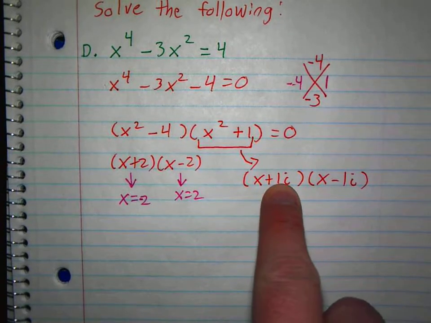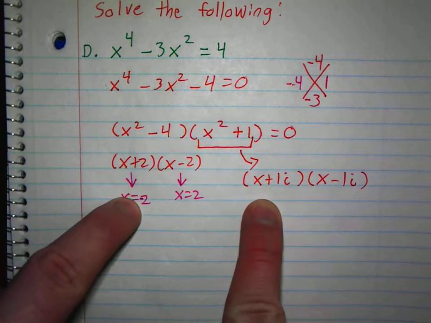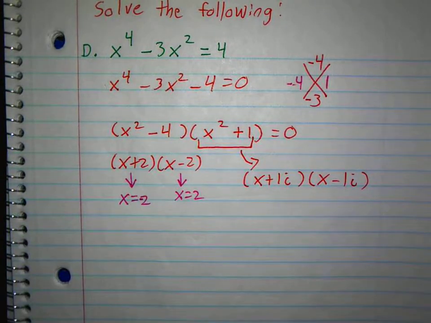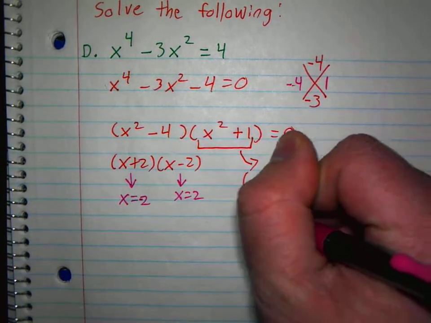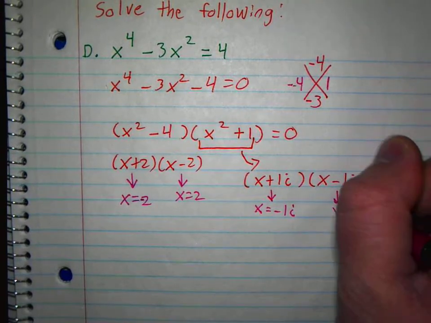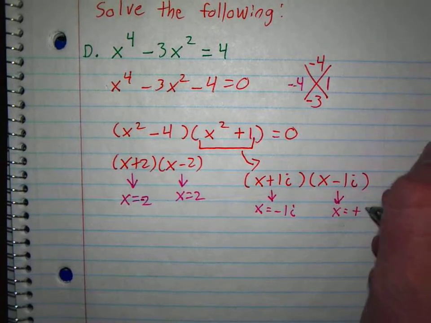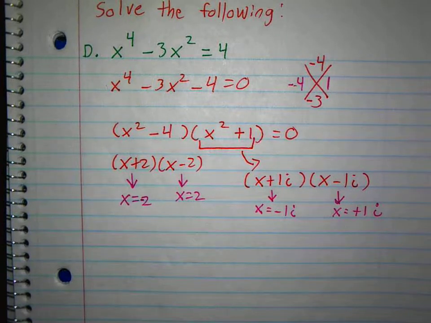Now when I set, just like here, see how it's opposite? It's negative 2. So the opposite of plus 1i is negative 1i. And the opposite of negative 1i is plus 1i. Okay? So we have 1i, a negative i, a 2, and a negative 2.